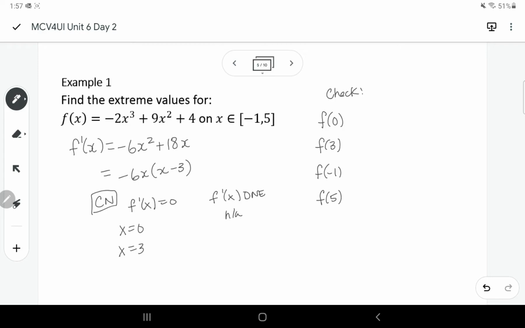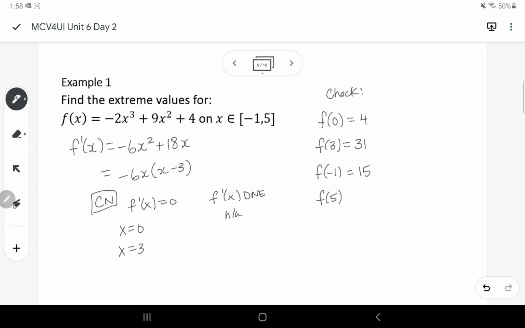So I would substitute these into the original function. f at 0 is going to be 4. f at 3 is 31. f at negative 1 is 15.